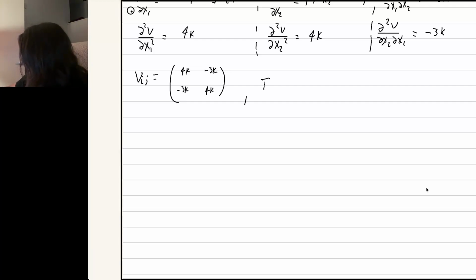The kinetic energy tensor, as usual, is just the masses times the identity tensor, so m delta_ij. Both of the masses have the same mass m, so no worries there.